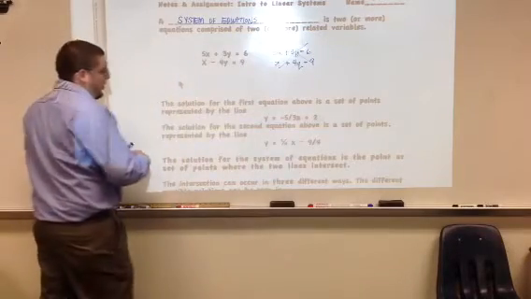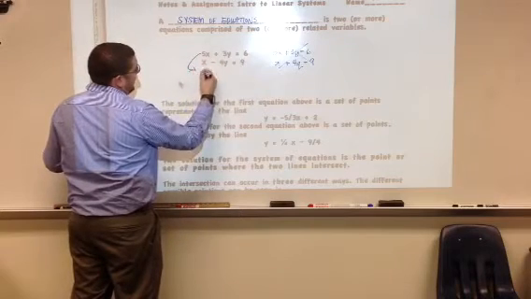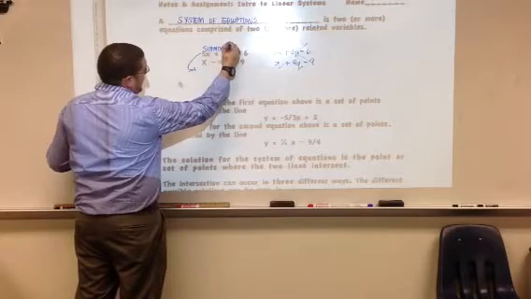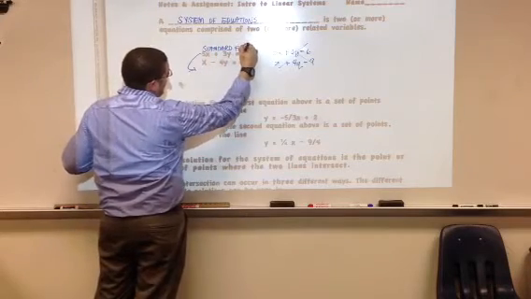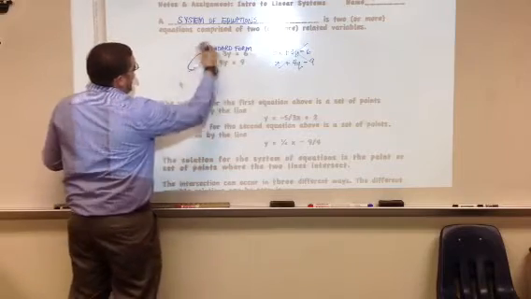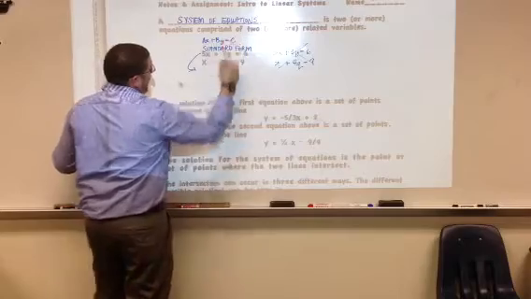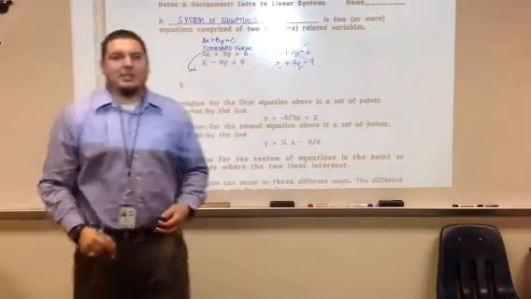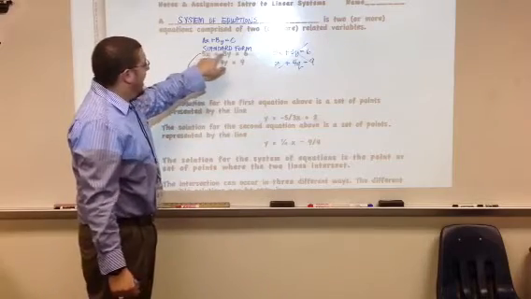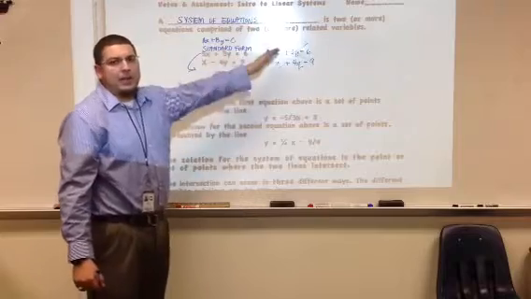Okay, let me explain where they got that from. They solved this equation here for y. This form right here is standard form, and that's going to be important to know. Standard form is ax plus by equals c. We'll talk more about that later. Basically, you have your x variable and your y variable on the same side of the equal sign, and then your naked number is on the other side.